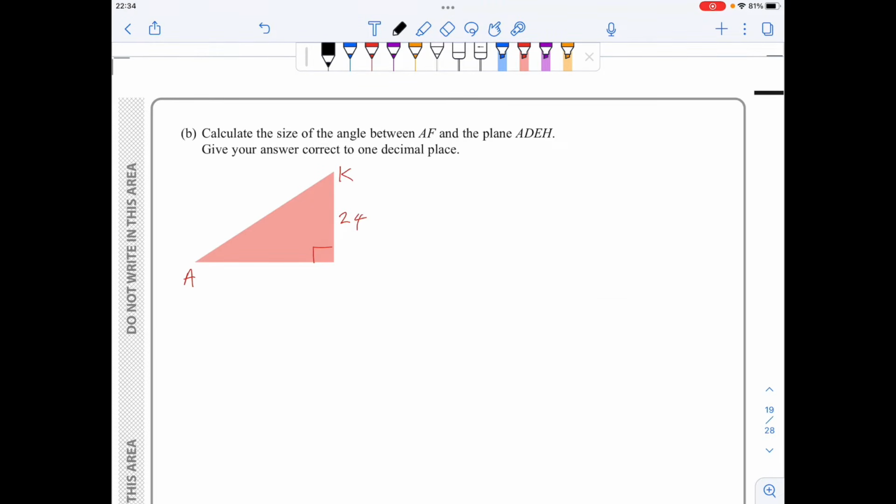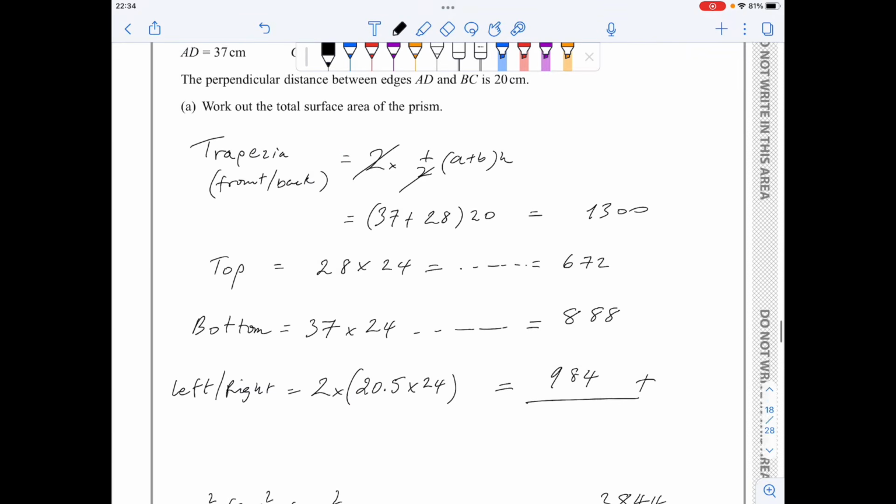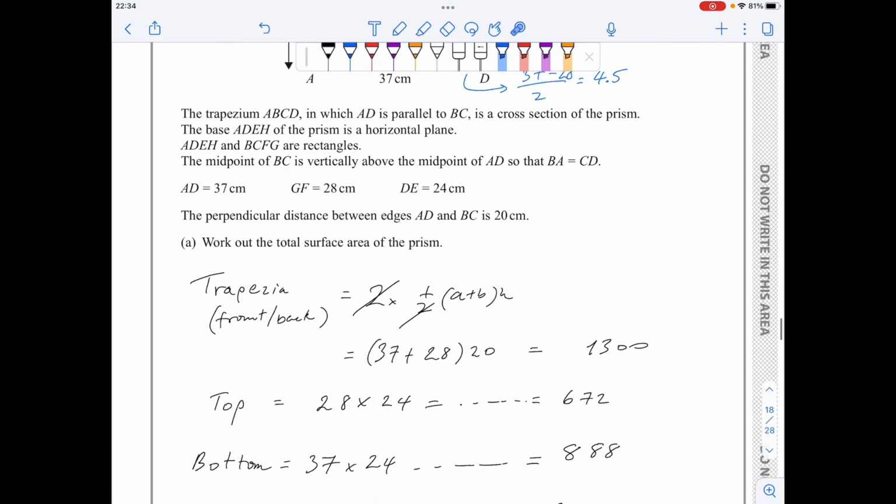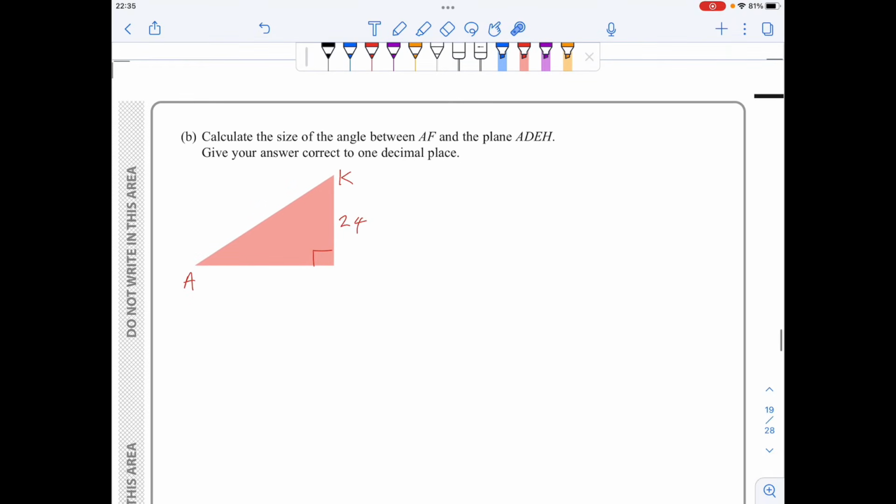Now the base of this triangle is equal to 37 minus 4.5. It's the whole of this, A and D, minus the 4.5 we found, which gives me 32.5.